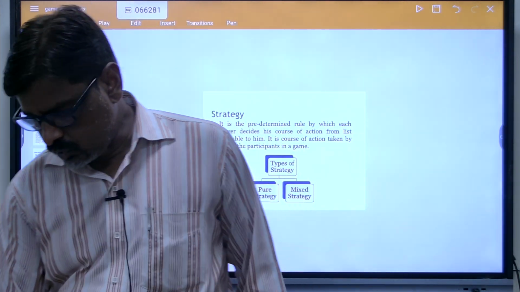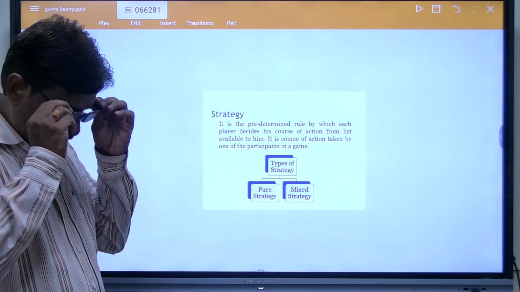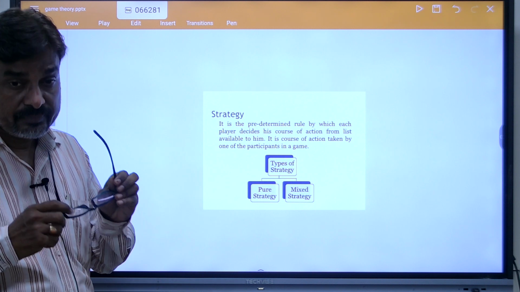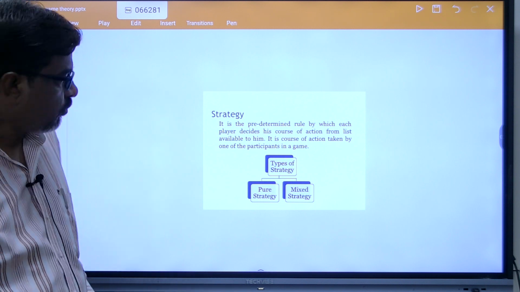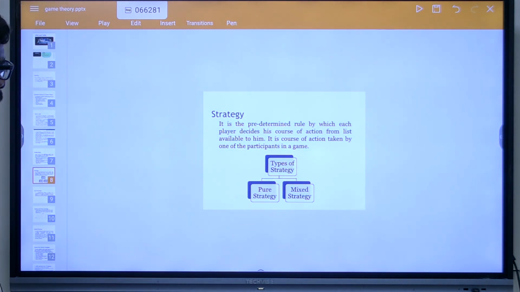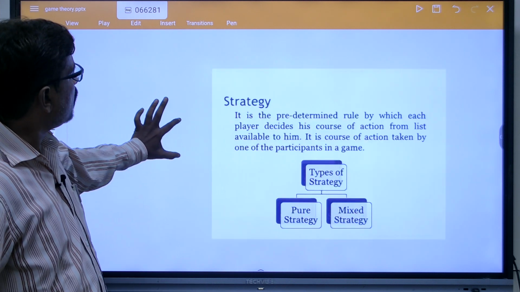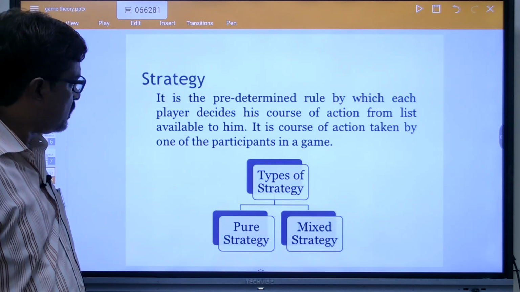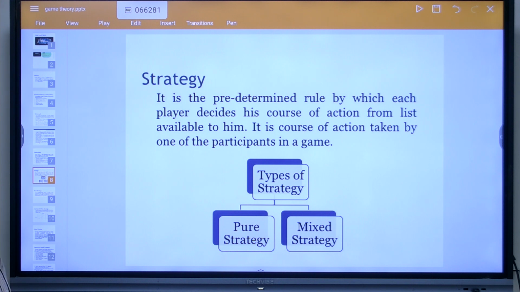In finding the solution of the game, we adopt two different types of strategies. A strategy is the predetermined rule by which each player decides his course of action from the list available to him. It is a course of action taken by one of the participants in a game.